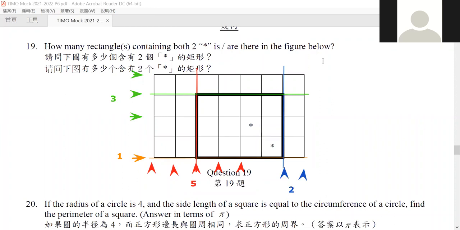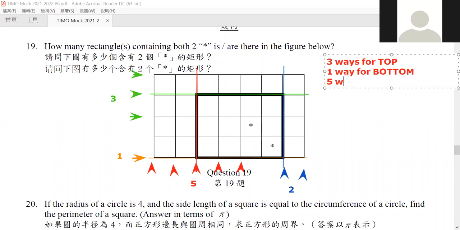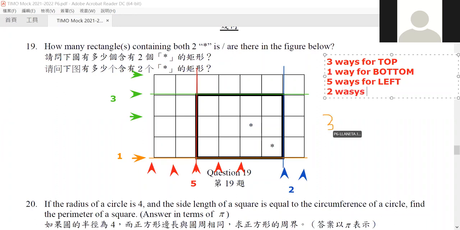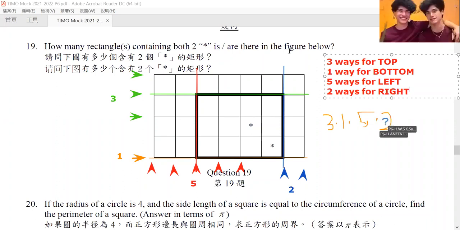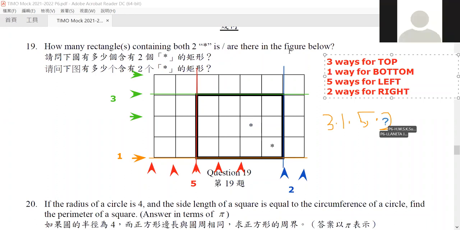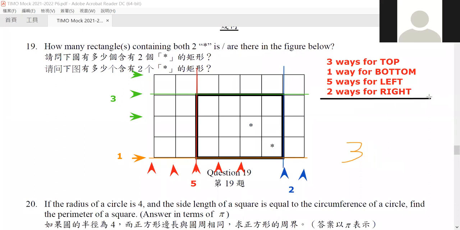We have 3 ways for our top, 1 way for the bottom, 5 ways for our left, and 2 ways for our right. So by the rules of multiplication, the total will be equal to 3 times 1 times 5 times 2, which equals 30. Okay. So this is question 19.